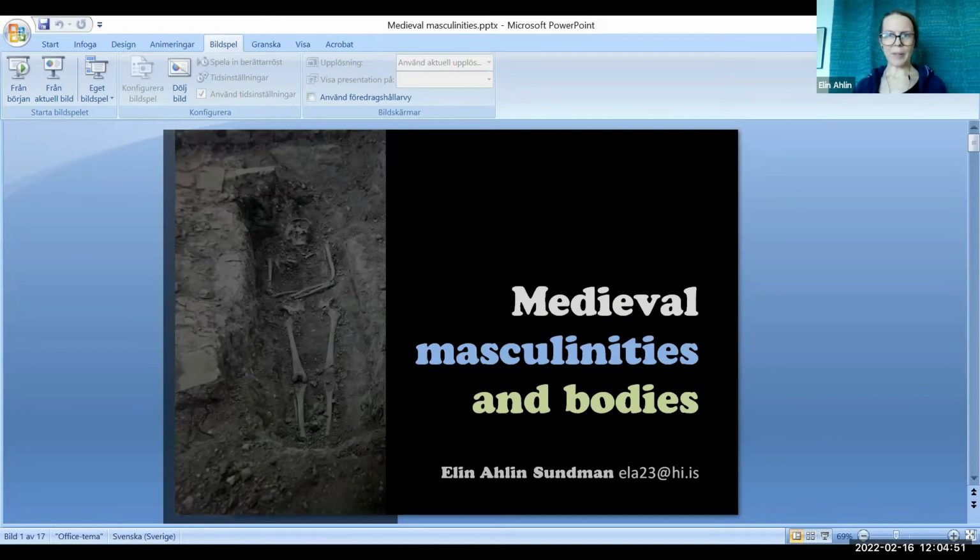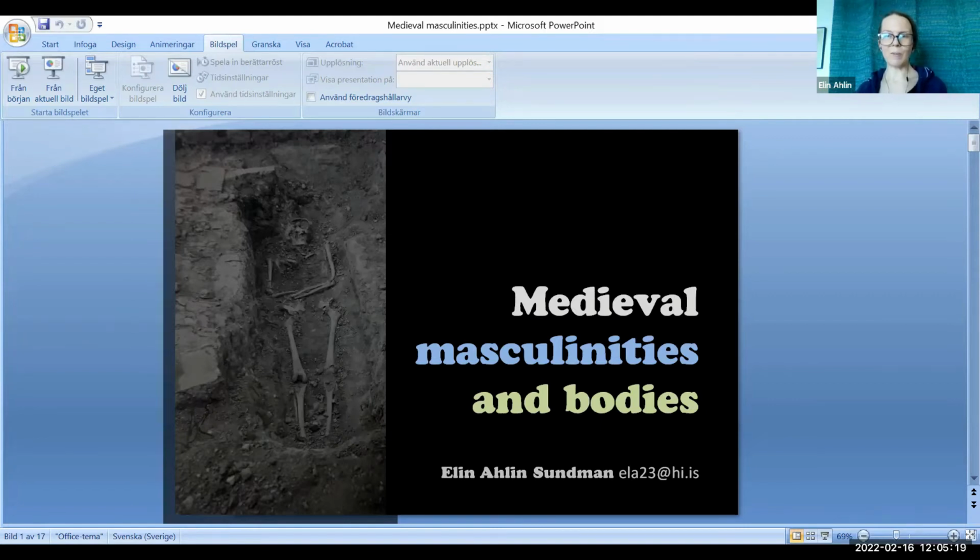Whether this is applicable to medieval conditions or not is perhaps something that could be debated. But still, even if not all societies in the past could be studied using these theoretical frameworks, many scholars in different disciplines such as history, literature and archaeology have used the theories of masculinity to study gender relations in medieval Europe.